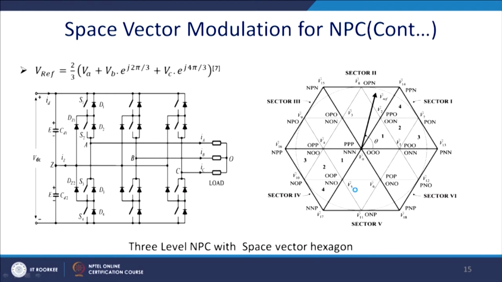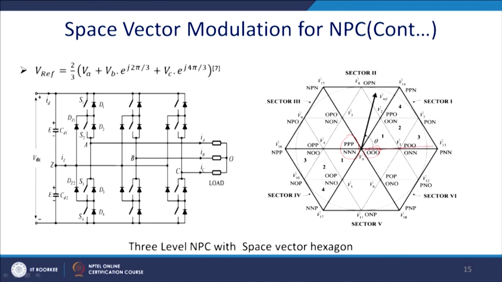Now, see that I just represent it here for a diode-clamped 3-level inverter. For the sake of simplicity, you can extend it to any level. So, this is the zero vector, and you can have PPP, OOO and NNN as the zero vector. Thereafter, V1, this is the magnitude.